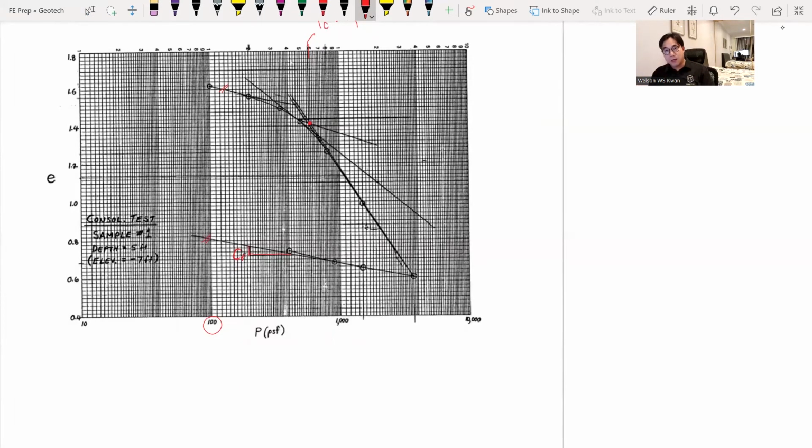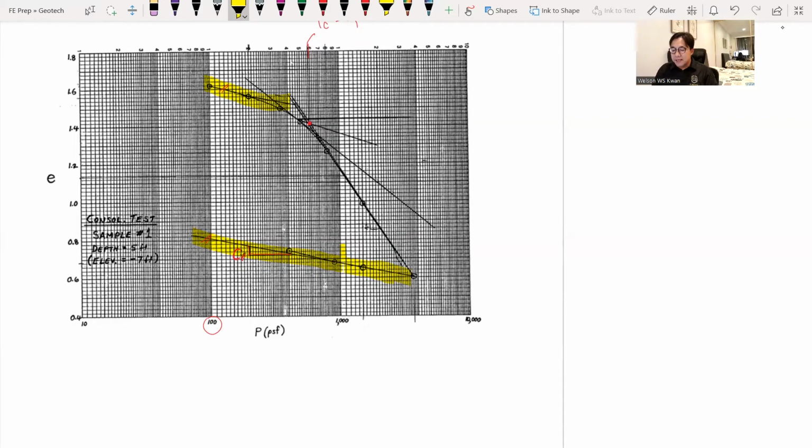But the more ideal case is the rebound recompression slope after the maximum past pressure. As you can tell, this portion of the curve is before the maximum past pressure, and this portion of the curve afterward is after the maximum past pressure.